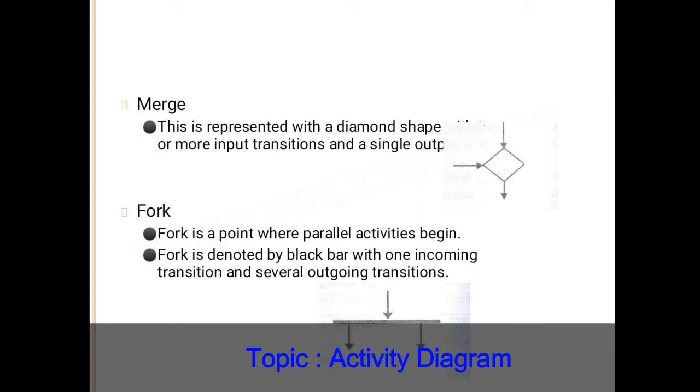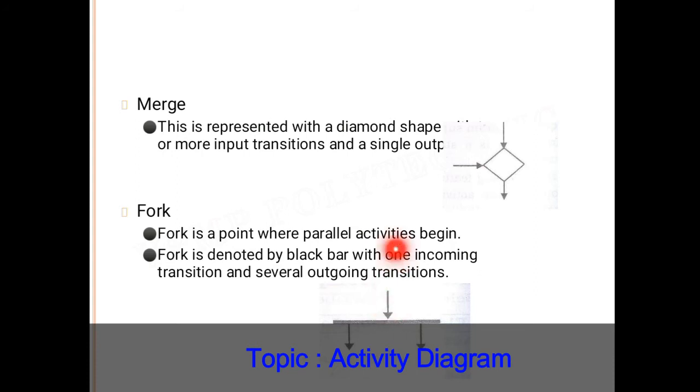Here fork is the point where parallel activities begin, and fork is denoted by a black bar. This thick line filled with black color is known as a black bar, with one incoming transition and several outgoing transitions.